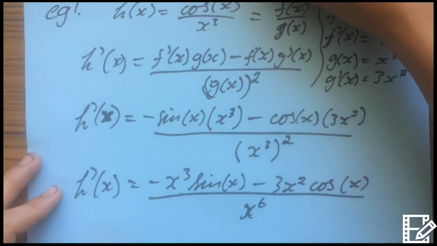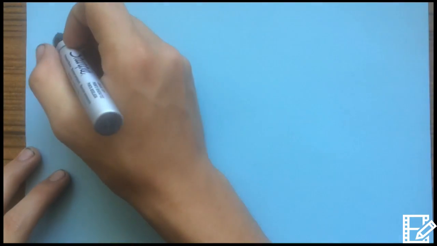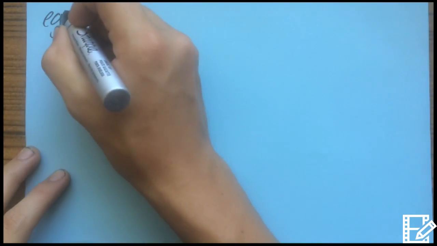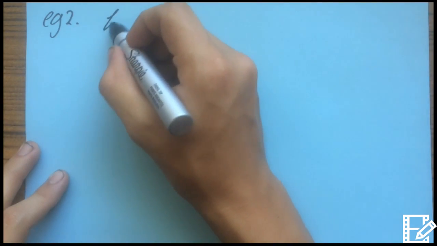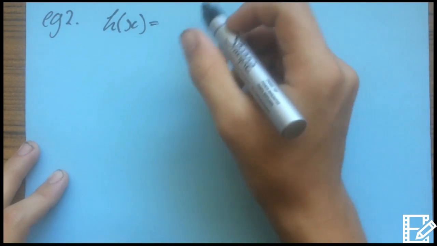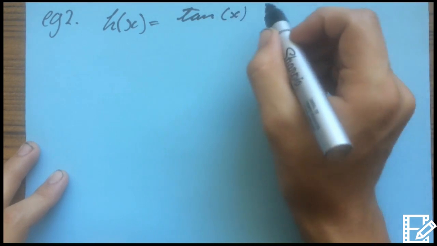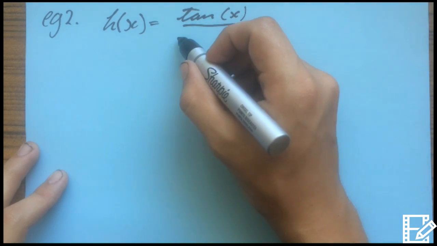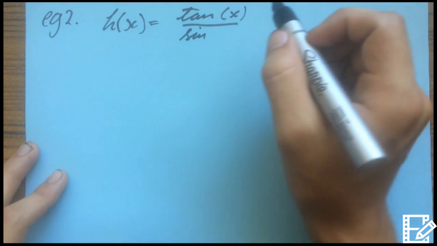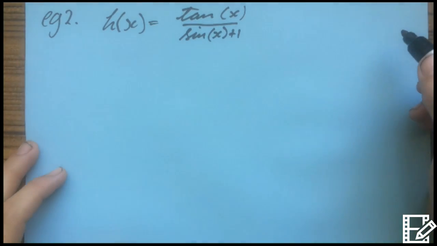Okay, so for another example, we have h(x) equals tan x over sine x plus 1.